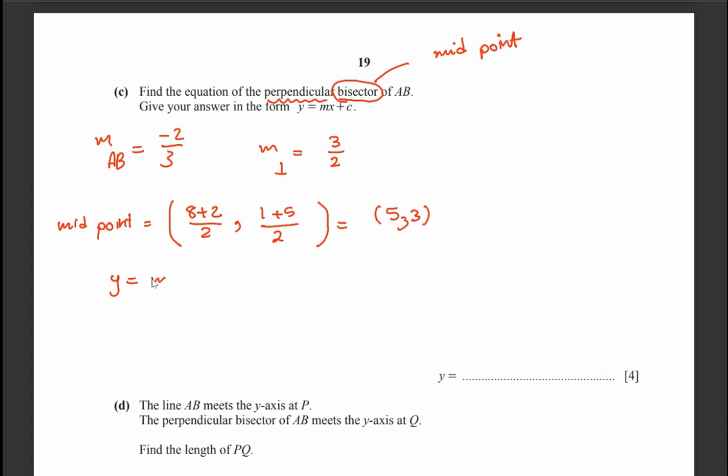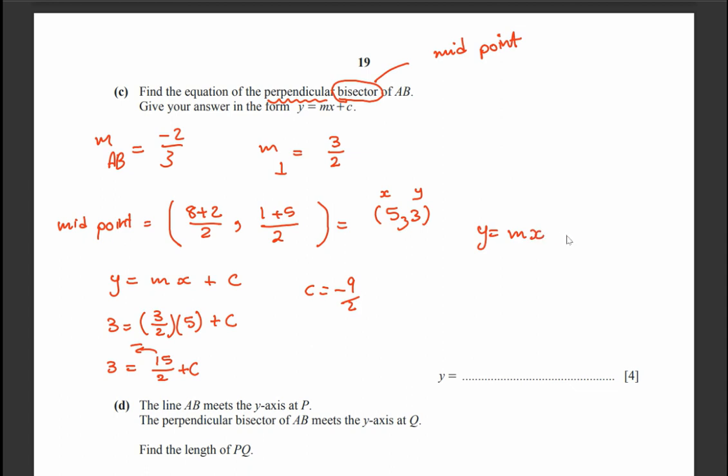Then y equals mx plus c. I'm going to use this point with the perpendicular gradient. So 3 equals 3 over 2, and then 5, plus c. So 3, multiply this together, it will be 15 over 2 plus c. Send 15 over 2 to the other side by negative. So c will be equal to negative 9 over 2.